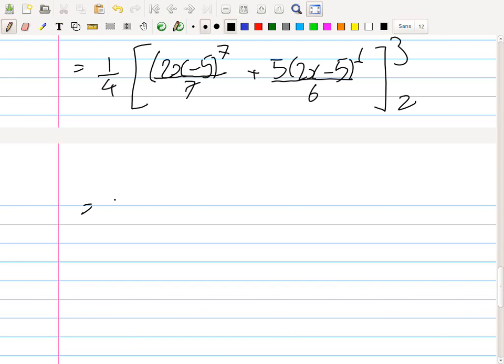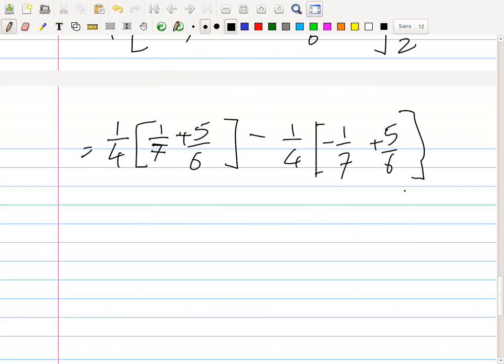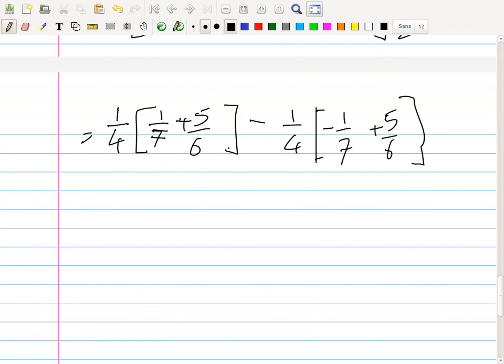I think the answer is 44 or 28. 1 over 7 plus 5 over 6 minus, and then when you put in 2 you get minus 1, so you get minus 1 over 7 and then plus 5 over 6. Let's see now, what'll happen is that will cancel that, so that's 1 over 4 and then 2 over 7.